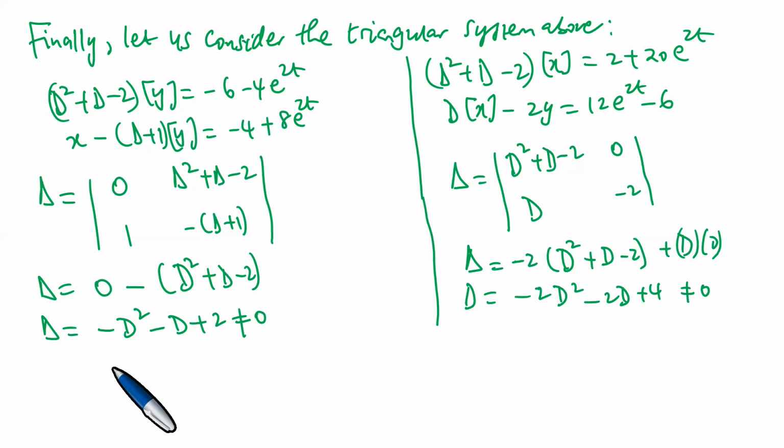What is the meaning of these? It means what we got in the beginning is what we are getting now. But now, if you look very carefully here, it is these two. Doesn't matter what you do, because it's minus d squared minus d plus 2. We can leave it like this and say it is not equal to 0.